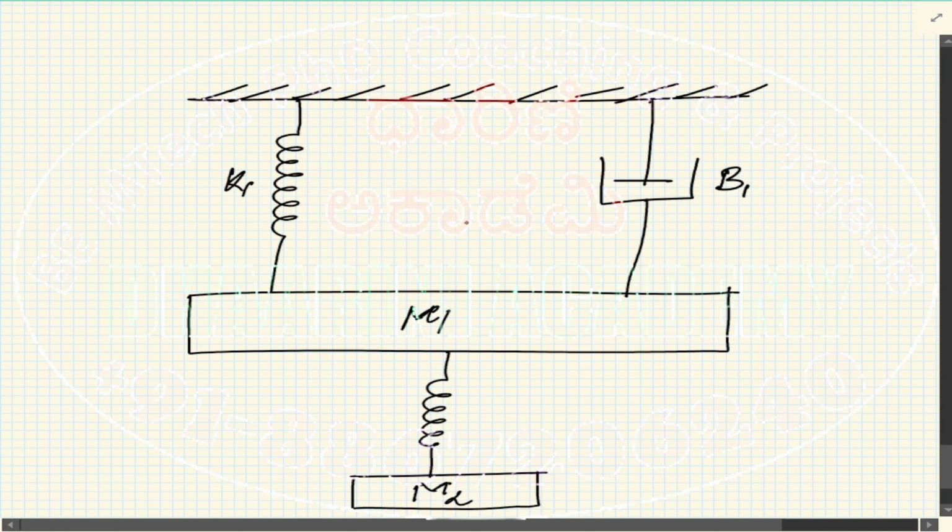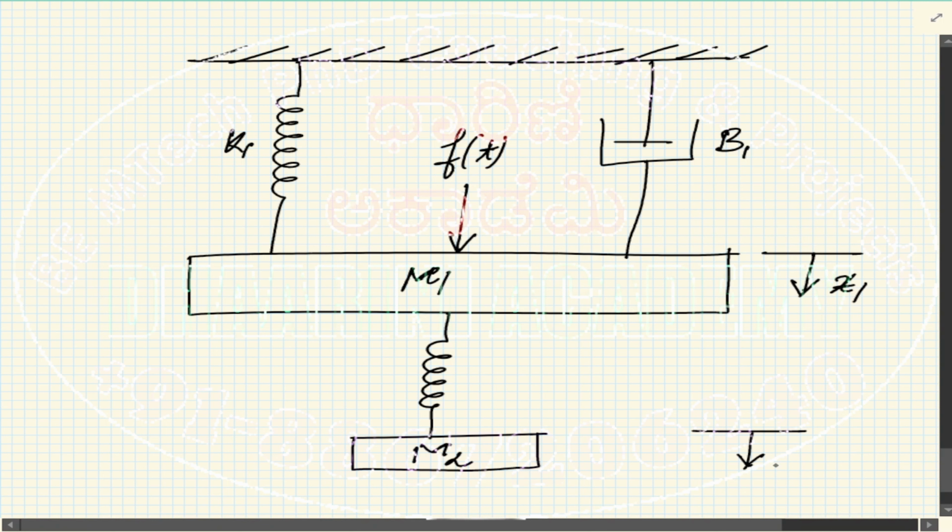So there is displacement x1, and there is another displacement marked over here as x2. Okay, so the question here is to find out the transfer function.